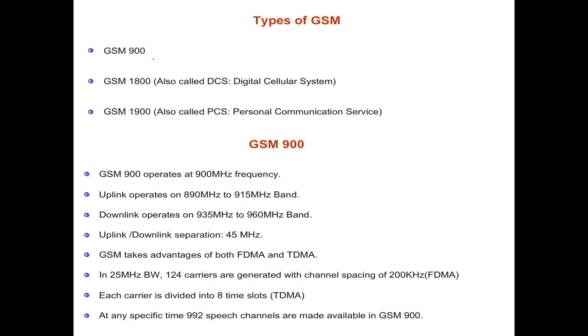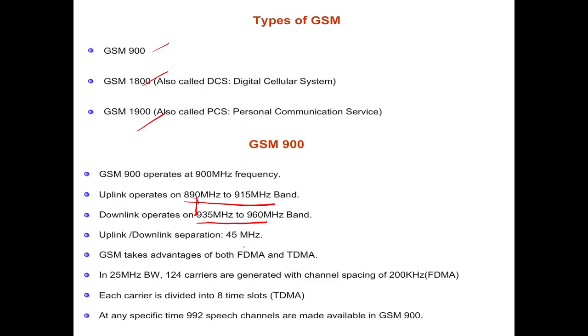So you have your 900 band, 1800 band, 1900 band. We are focusing on the 900 band here. That's the specification: 890 to 915, 25 megahertz for the uplink, and 935 to 960, 25 megahertz for the downlink. The separation between the uplink and the downlink frequency is 45 megahertz.